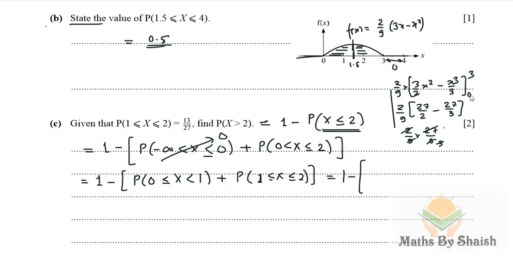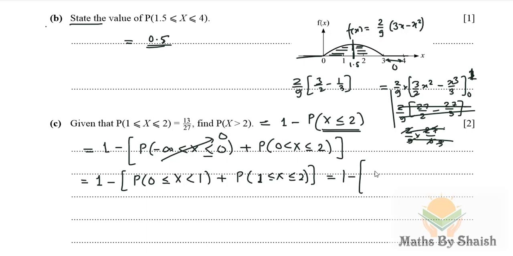Sorry, we only need to calculate till, not all, we are calculating 0 to 1, so upper limit would be 1, not 3. So if it is 1, then it is much easier now, because it is 2 by 9 times (3 by 2 minus 1 by 3). So 3 times 3 is 9 minus 2, 7, 7 over 6.